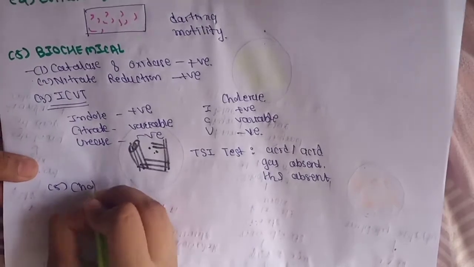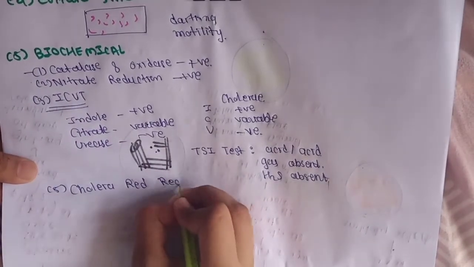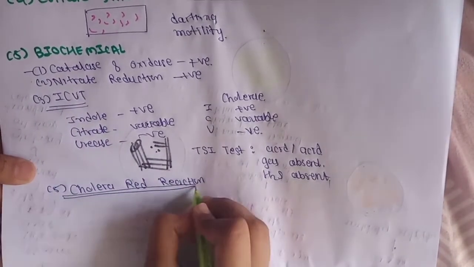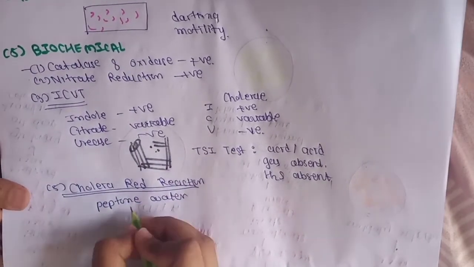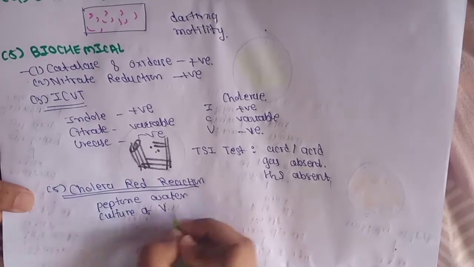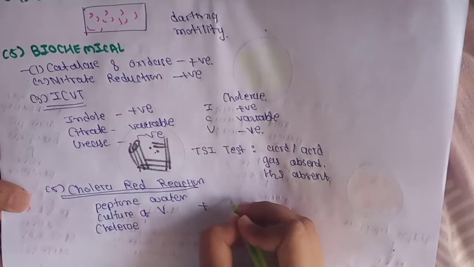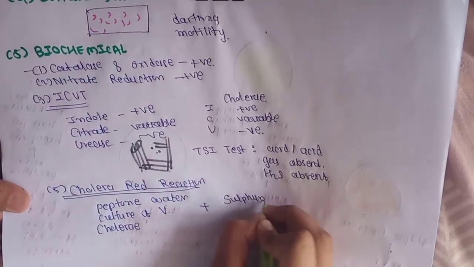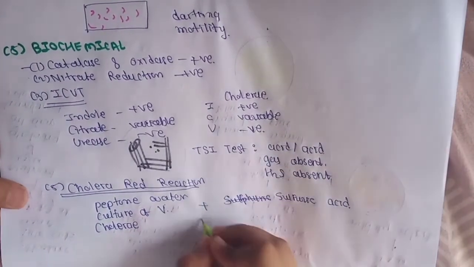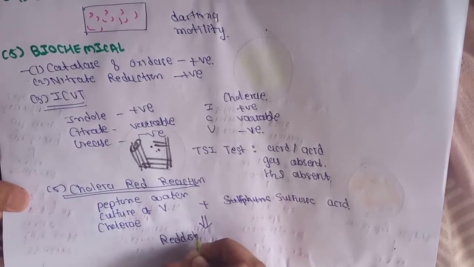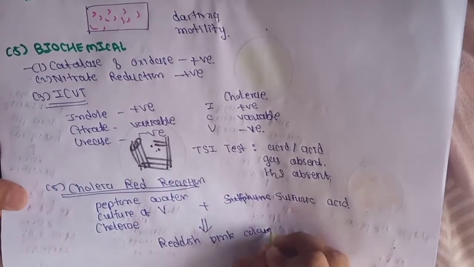Fifth reaction is cholera red reaction. This reaction is important. We will mix the peptone water of V. cholerae with few drops of sulfuric acid, and this will give us the reddish pink colored nitrosoindole ring.